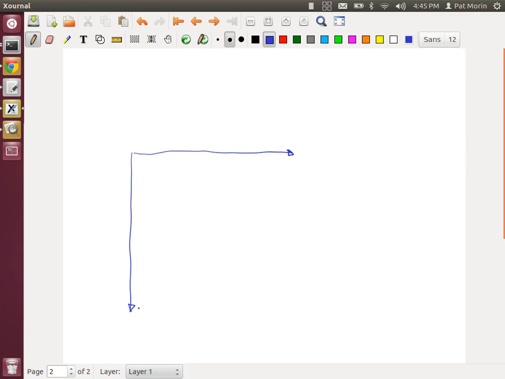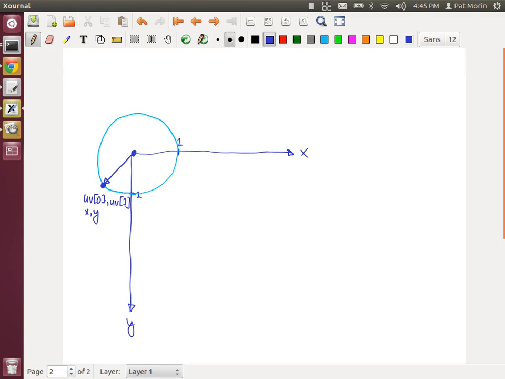So if we look at what we have, y-axis and x-axis, 1, 1. I can draw a circle here. And the ant wants to go off in some direction.